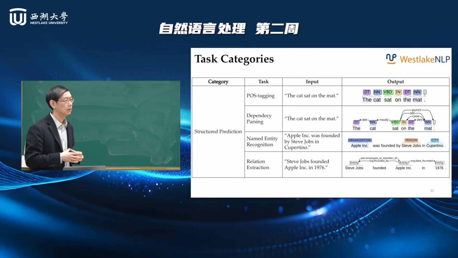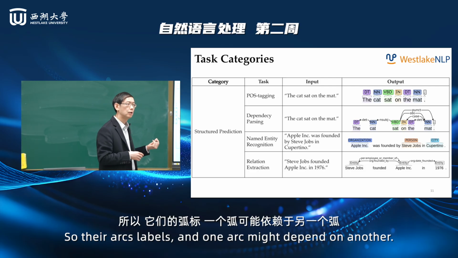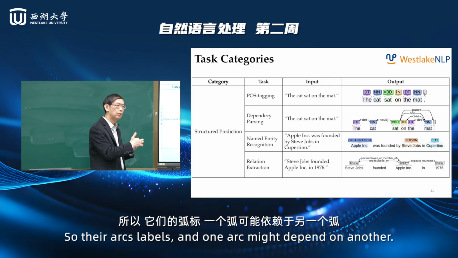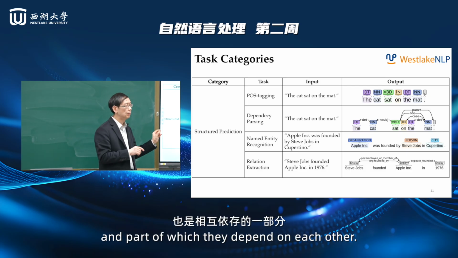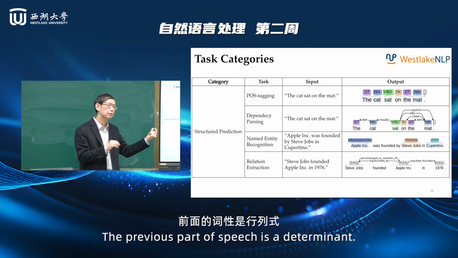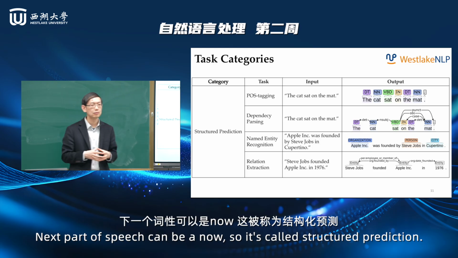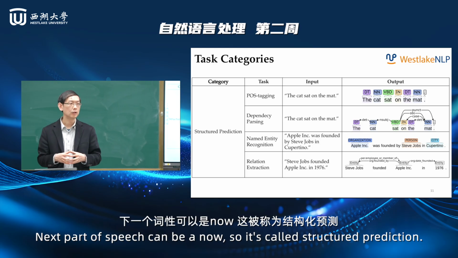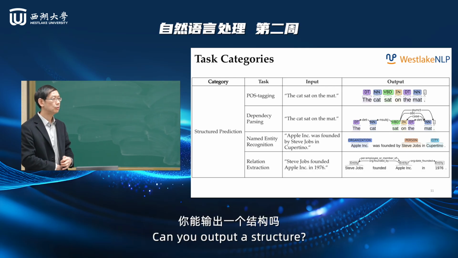There are arcs, there are arc labels, and one arc might depend on another. There are parts of speech here and there, and they depend on each other. If the previous part of speech is a determiner, the next part of speech can be a noun. So it's called structured prediction. You output a structure.